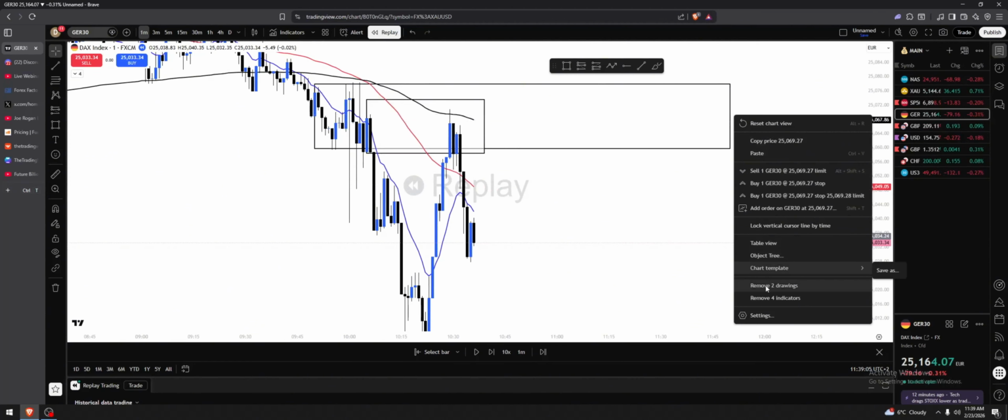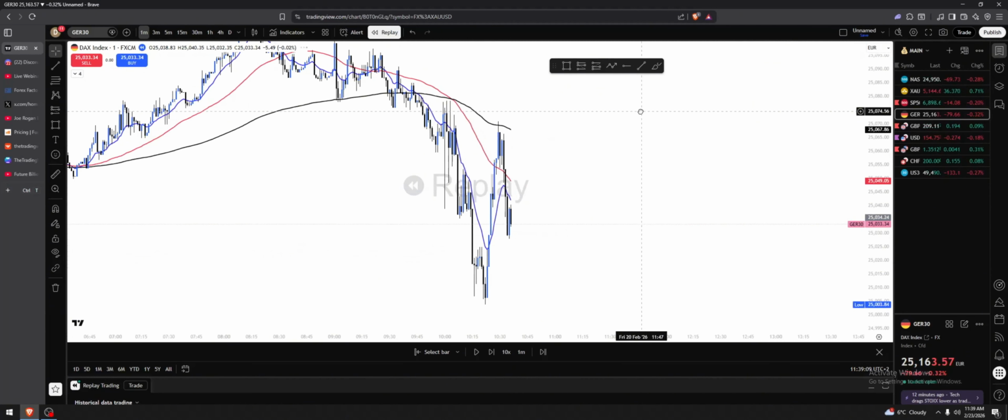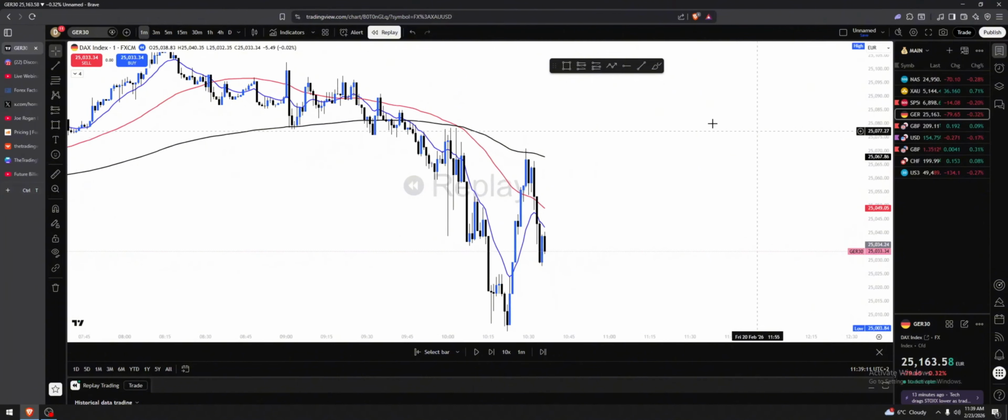So if you can see, it's clearly a downtrend on the 1 minute. We have some structure being broken. It respects the trend. Here we have our pullback and we made some money on this.